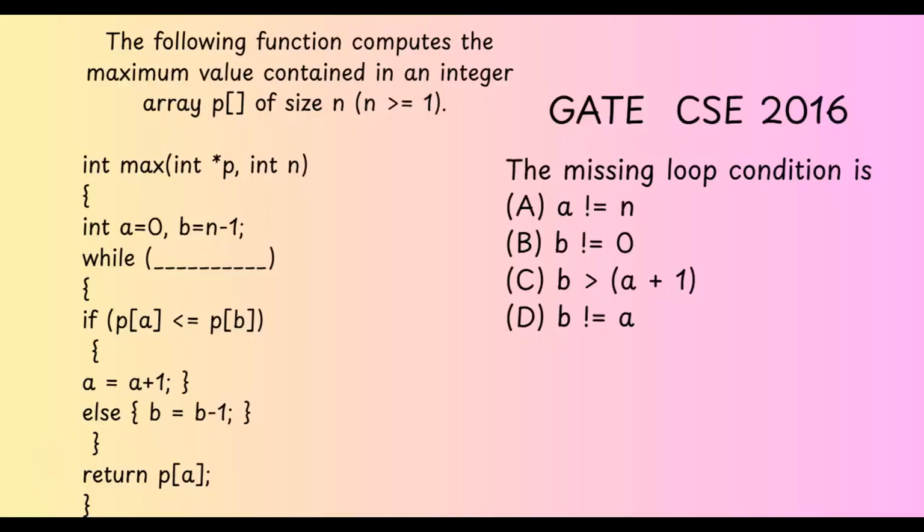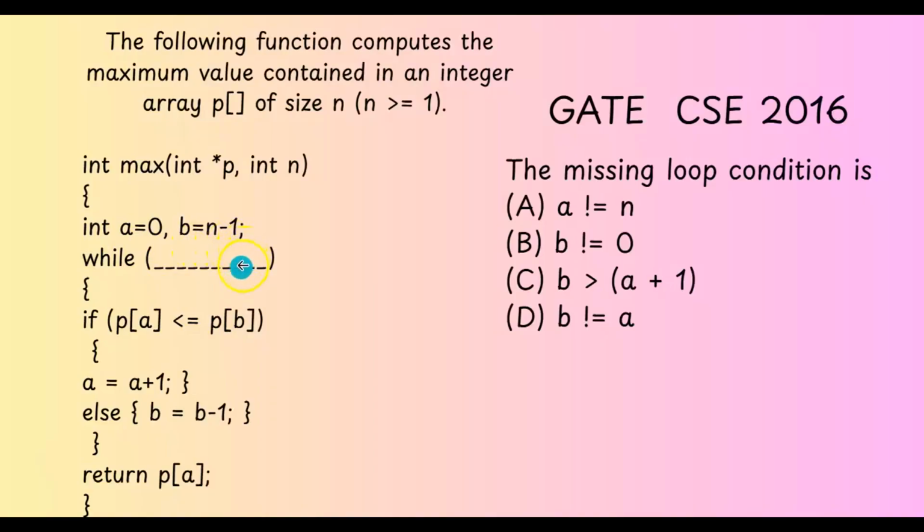Next C programming question. The following function computes the maximum value contained in an integer array P of size n. The n value will be greater than or equal to 1. So this is a function to calculate the maximum value in an array. We are starting with A equal to 0 and B equal to n minus 1.